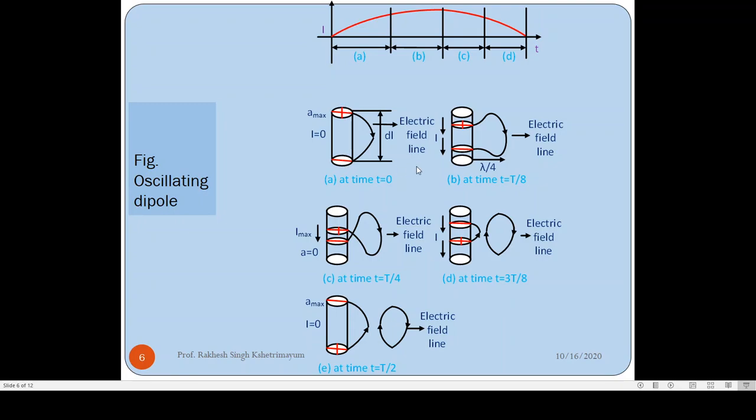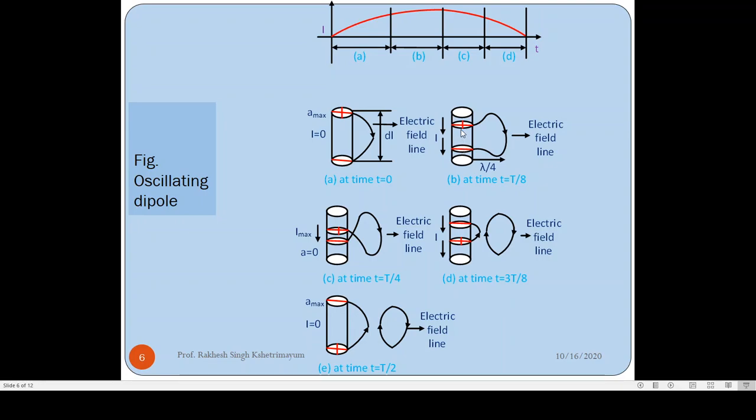Now at time t equal to T by 8, where capital T is the time period, both charges start moving. The negative charge is moving in this direction and the positive charge is moving in this direction, which means current is flowing in this direction.